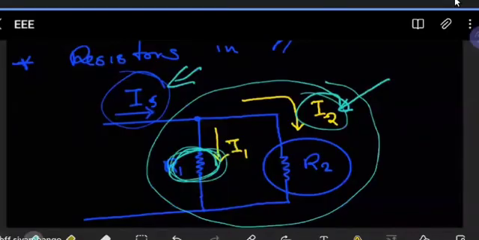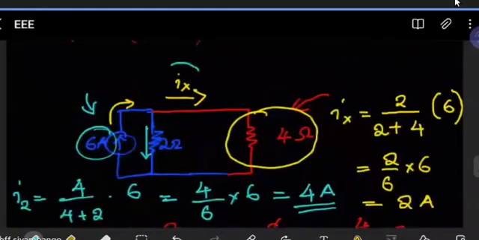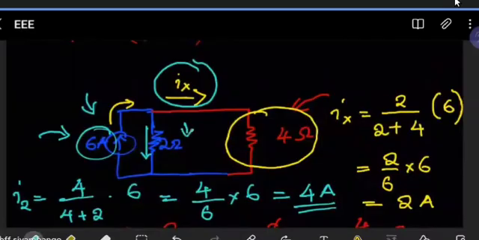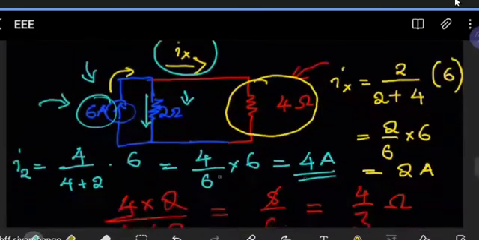What does that imply? We did the math here and found IX as 2 amps. Subtract 2 amps from what is supplied. The rest went towards 2 ohms, which is 4. And we saw, even using the current division, we still got 4 amps. So this is current division. Are we okay here?